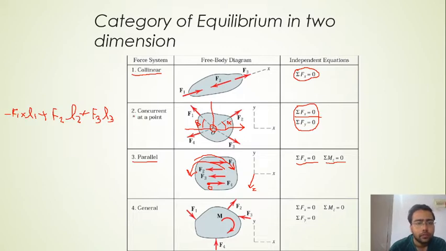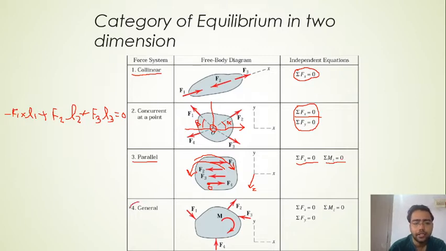So the sum of all these things should be equal to 0. You may be wondering why I have not taken F4, because F4 has no distance from the reference point O, right? So F4 into 0 will be 0 only. So this is sigma Mz is equal to 0, right? Sigma Fx is pretty easy, sigma Mz is somewhat tougher, but anyway it is also easy.